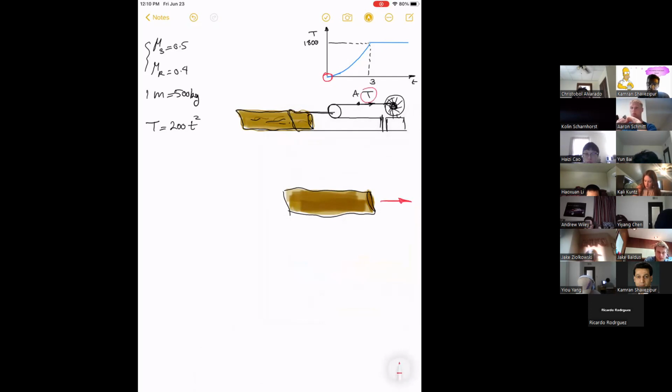Is it T? Wouldn't it be 0? At the beginning, everything is 0, yes. But as this starts pulling, the free body diagram is general, but the T starts from 0 and increases. Is the force at the point this T or something else? 2T. Why? Because if you cut it from here, you have 1T and 1T, so this has to be 2T.